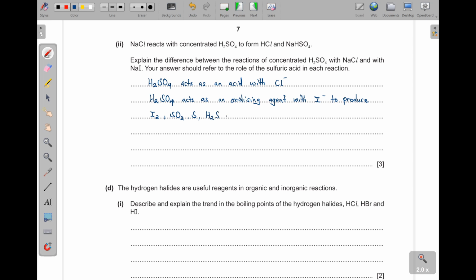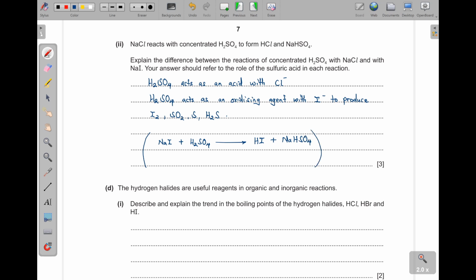This is what happens for iodine. Let me just put it here. So you have, let's say, sodium iodide. So sodium iodide reacts with sulfuric acid. First, that reaction is acid-base. You are going to get hydrogen iodide plus sodium hydrogen sulfate.